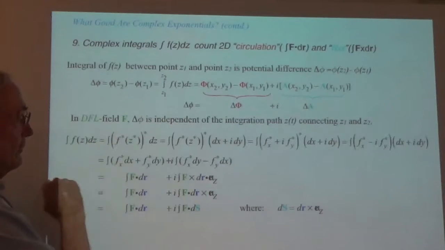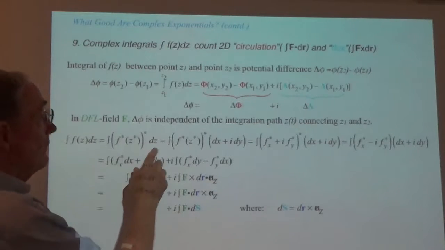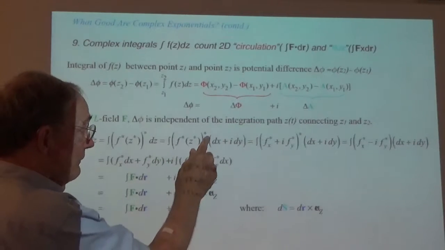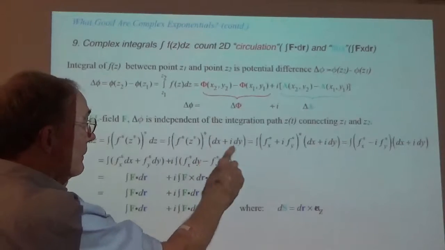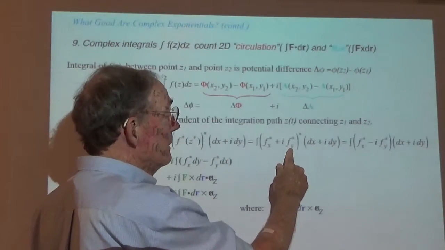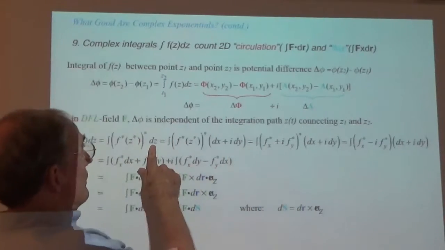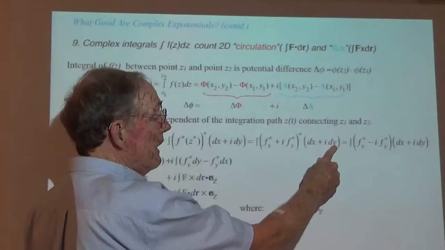The stars cancel each other to give you this. Then I go ahead and start expanding it, leaving this one there and putting this one in there, and multiplying the real and imaginary part for this one with the real and imaginary part of dz. That's this one right here, dx plus i dy.